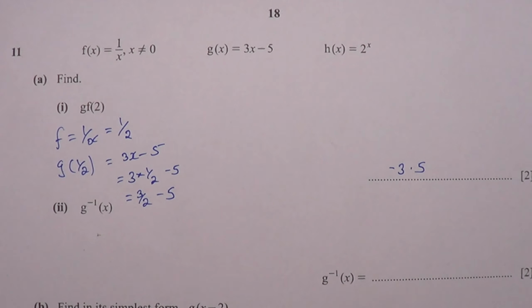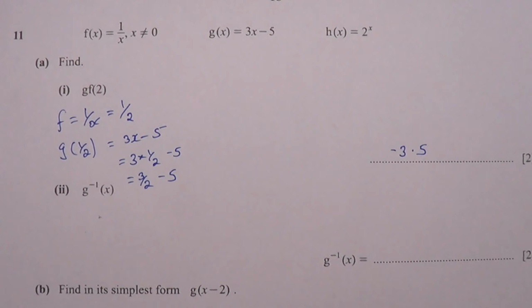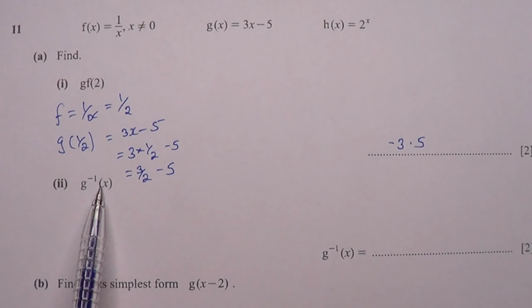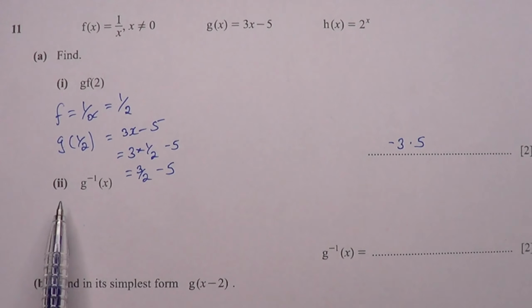Okay. Then look at the second one, where we need to find the function inverse. To find the inverse, there are some things you need to know. One, you need to make sure your function is 1 to 1. Only 1 to 1 functions have the inverse. This one here is 1 to 1. Another one, given a function, switch the x and y's.